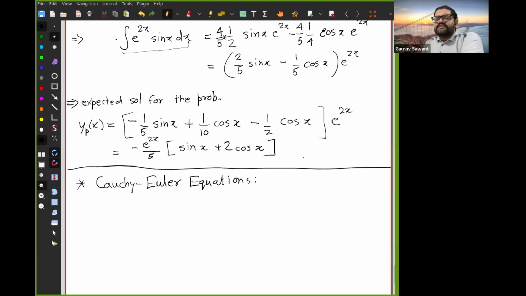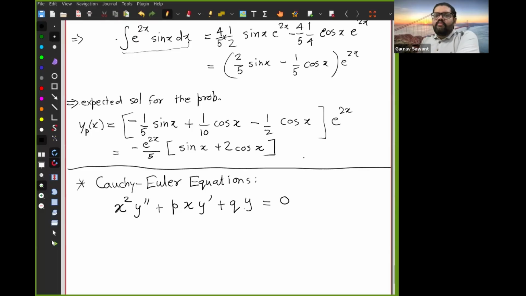So these equations are a special kind of second order differential equation where you will have the equation given in the form x square y double dash plus p times x y dash plus q times y equal to 0 for the homogeneous case and equal to Rx for the inhomogeneous case.